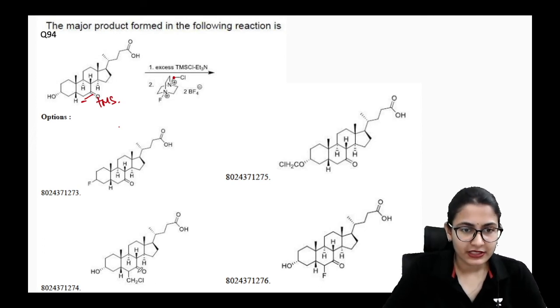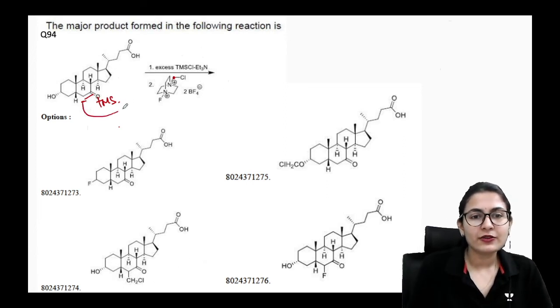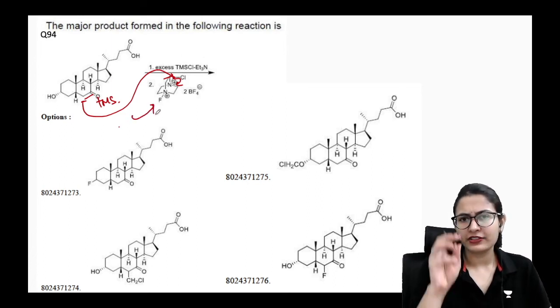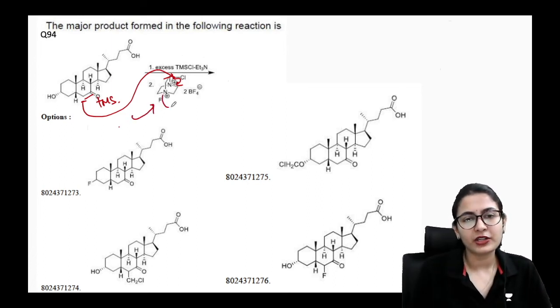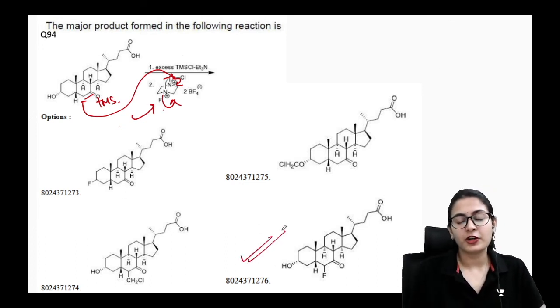Yes, we do. Everything else is correct, is it? Yes, it is. So it could attack over CH2Cl so that the bond falls over nitrogen, or it could also attack over this fluoride, which is a small electrophile, and the bond can also fall over nitrogen, right? So it attacks over the F and you get this product D.